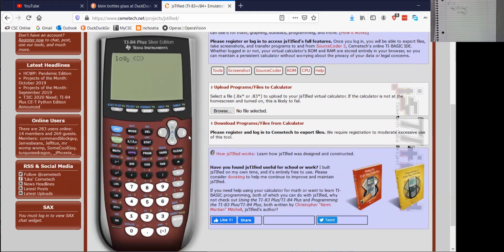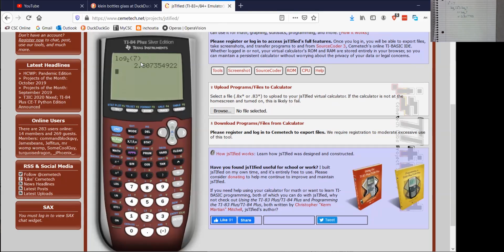And we can simply plug in the log base 2 of 7. And we get x equals 2.80735.